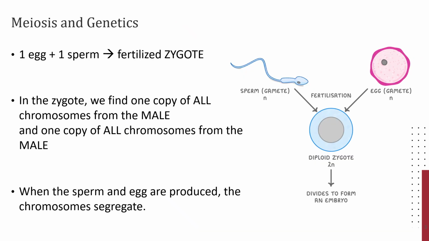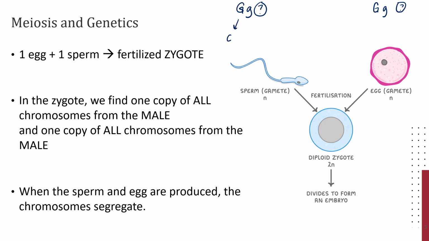So during the process of fertilization, that sperm that has been produced from meiosis could have either a big G or a little g, depending on which one gets passed on, and that egg, which could have a big G or a little g, depending on what gets passed on, are going to come together.